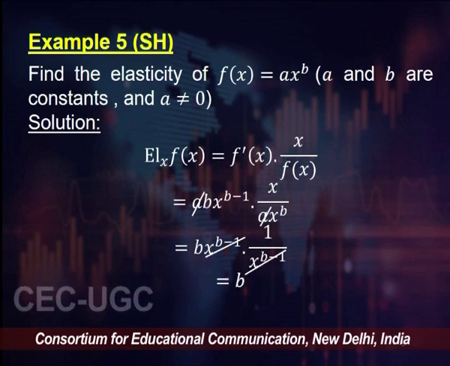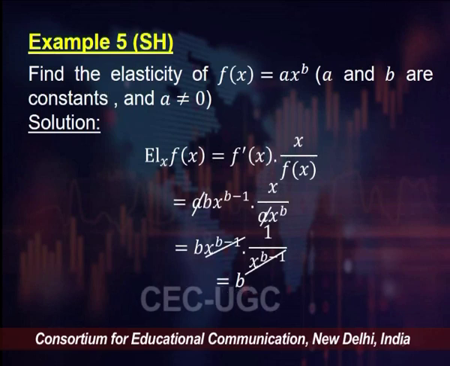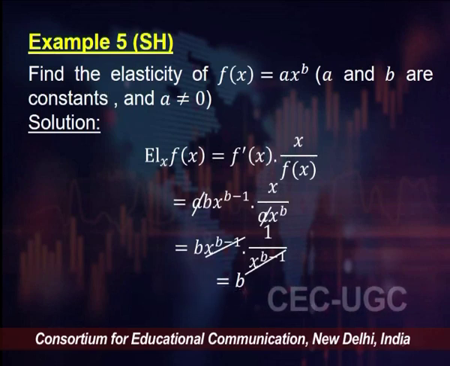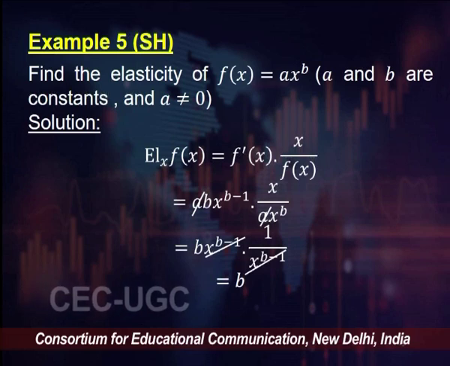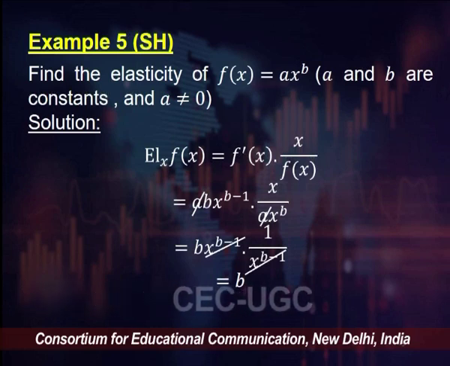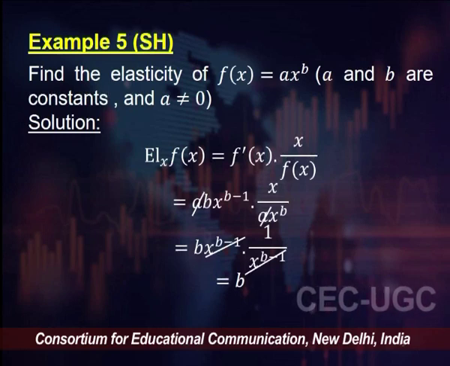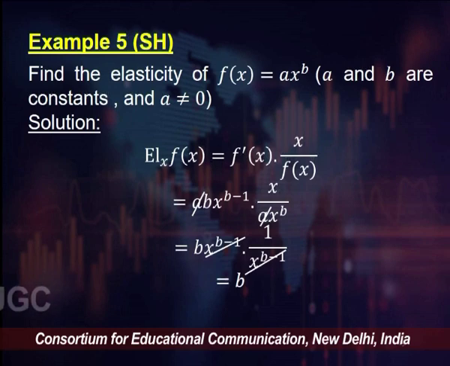So, for the example that we did in the previous video, we had the demand function 10 times p to the power minus 0.75, and we got minus 0.75 as the price elasticity of demand. So, that's just a quick cheat sheet for you if you ever have to calculate the elasticity for a function like this.